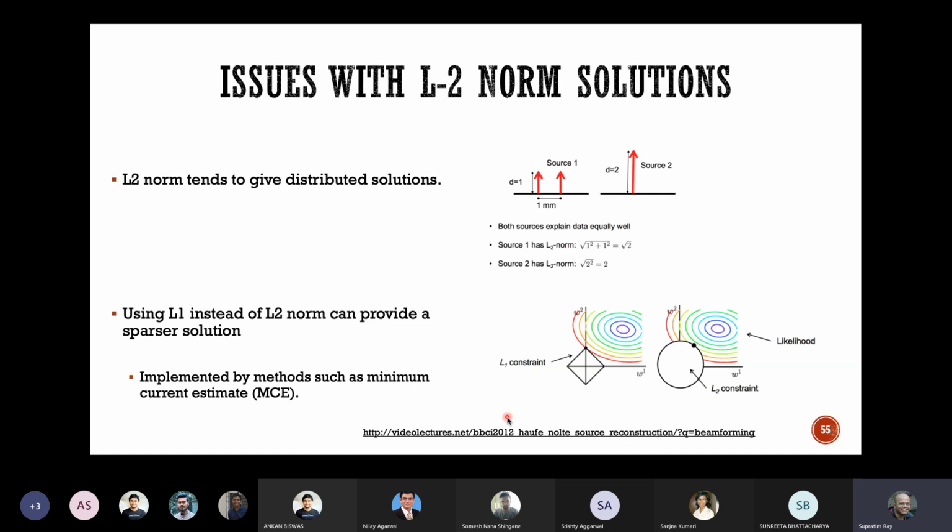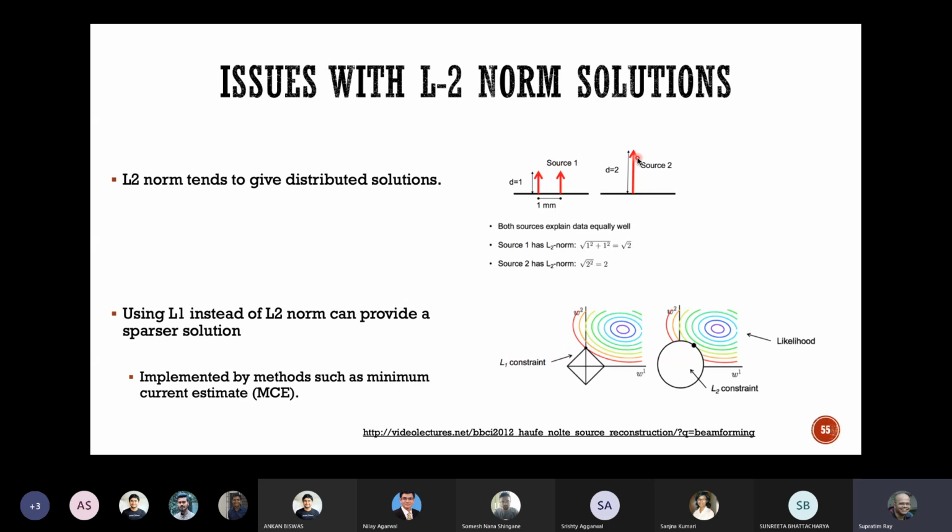And tell you a little bit about some of the issues with L2 norm solutions. This is where we get some intuitive feel for L2 versus L1 norm as well. So here's an example where you have two sources which are separated by 1 millimeter, and you have another solution in which there's a single source which has twice the magnitude.